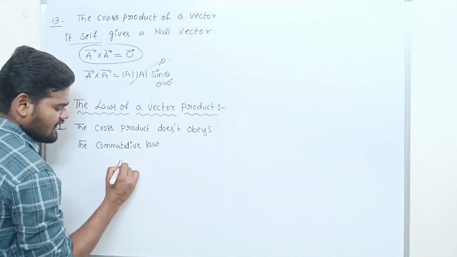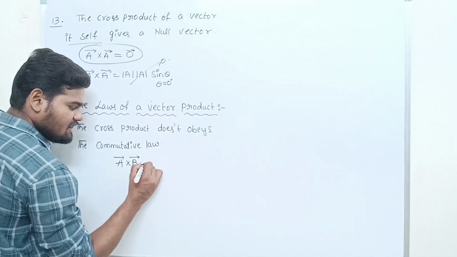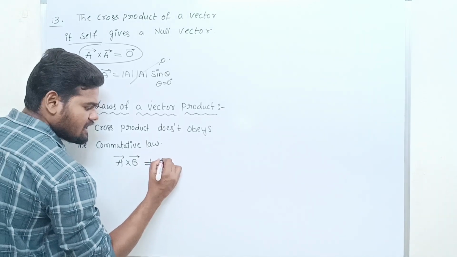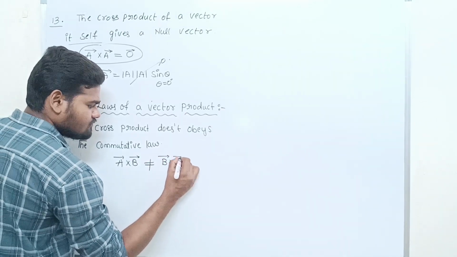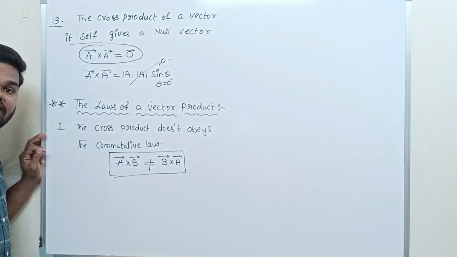That means a bar cross b bar does not equal b bar cross a bar. A bar cross b bar does not equal b bar cross a bar.